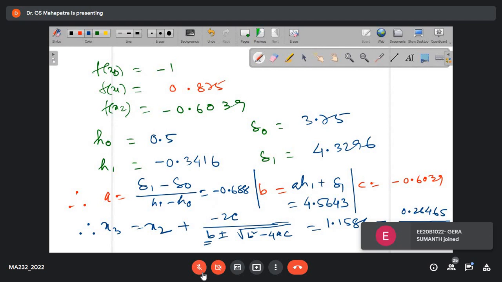So 2 x3, what are the x3 values? 2 x3 values would be there. Now you tell me the 2 x3 values.